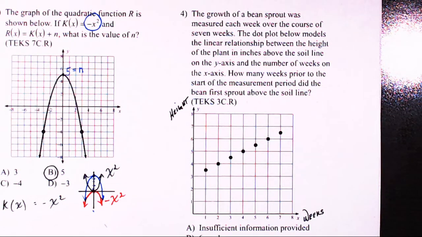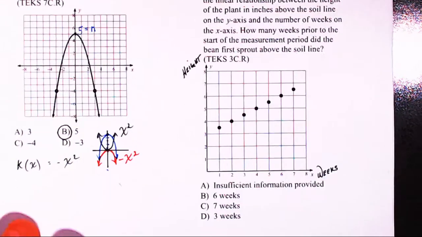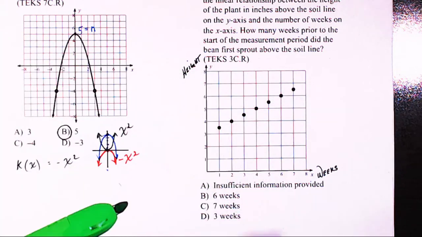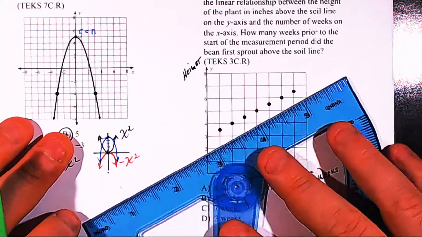How many weeks prior to the start of the measurement period did the bean first sprout above the soil line? Okay, this is a confusing problem, potentially confusing. What it's asking us to do is to imagine that, and we'll use green because it's talking about a plant.